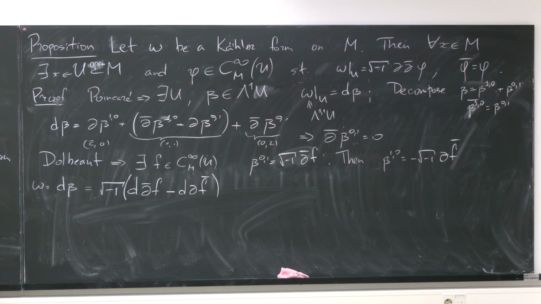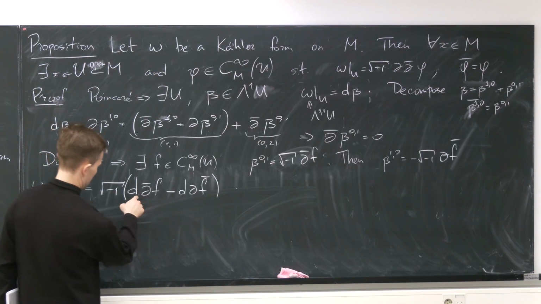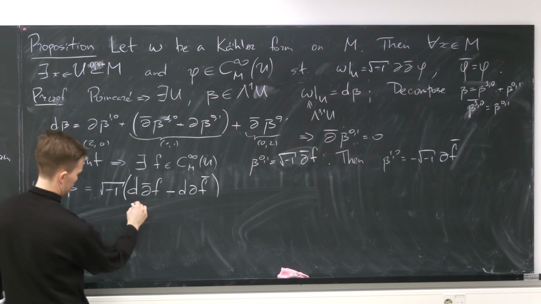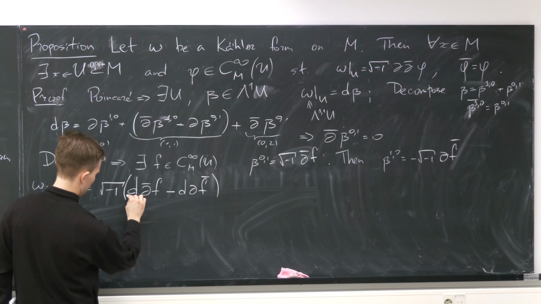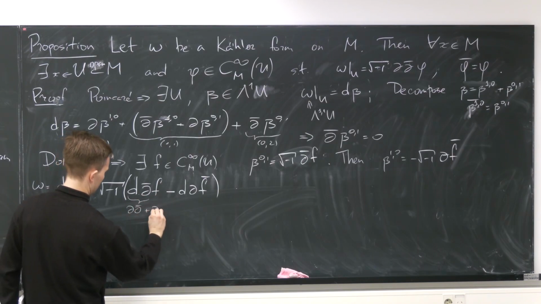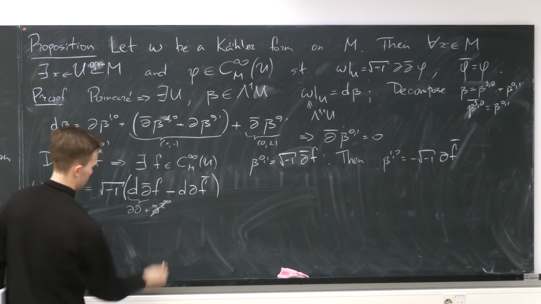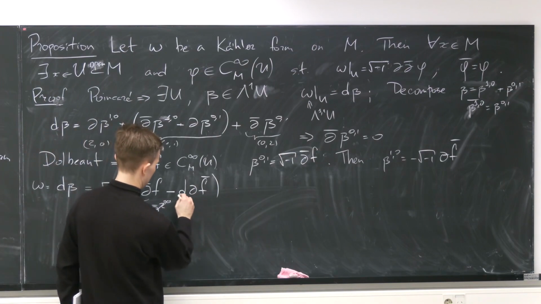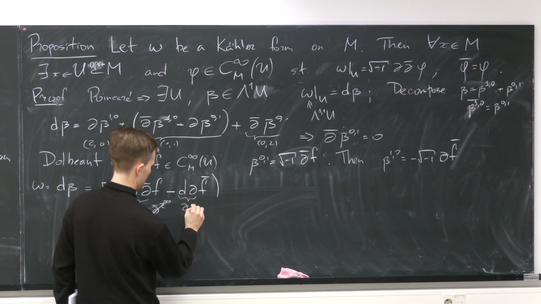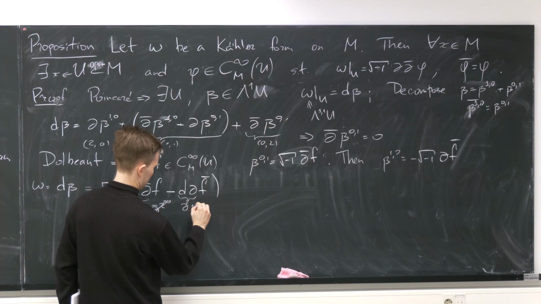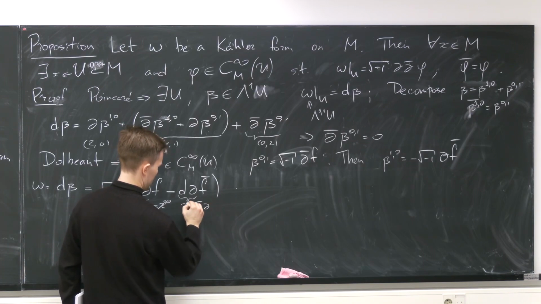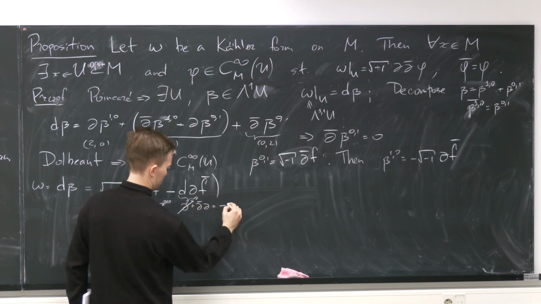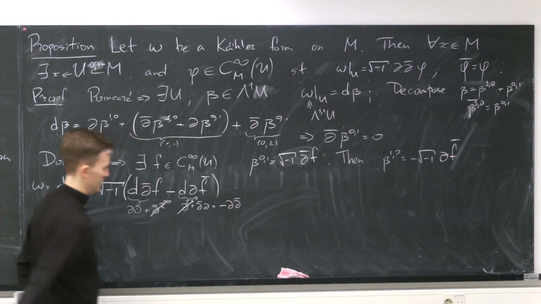So what do we get here? This is the same thing as del bar plus del bar squared, but the del bar squared is 0. And similarly here, this is del squared plus del bar del, so this is 0, and this is a minus del bar, like this.